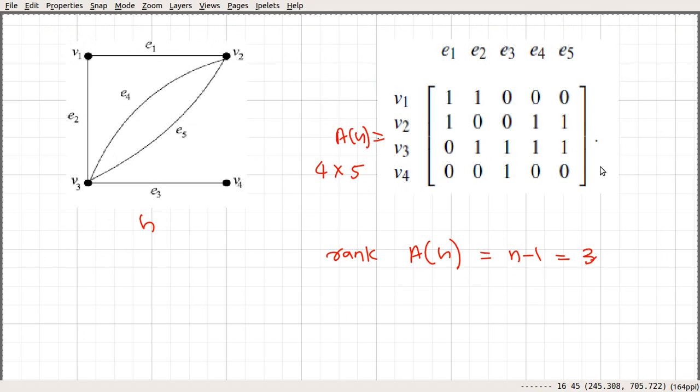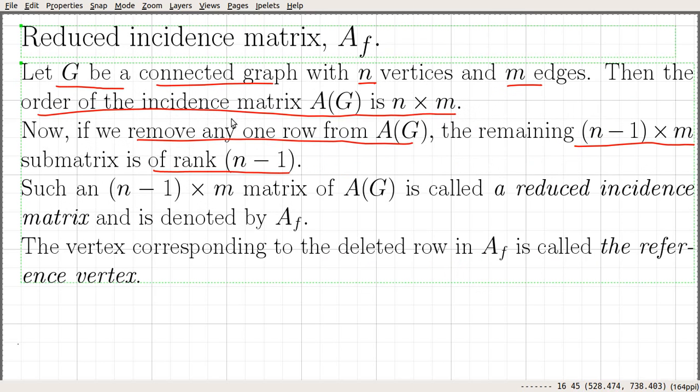So if you take any row, suppose you take this row and remove that row from this matrix, we can see that this submatrix has order, in this case, 3 by 5, where 3 is nothing but n minus 1, and this submatrix has rank n minus 1.